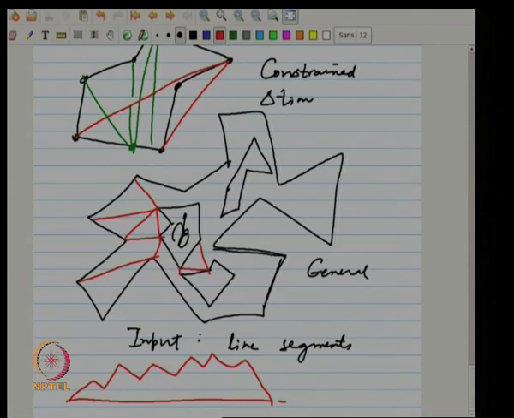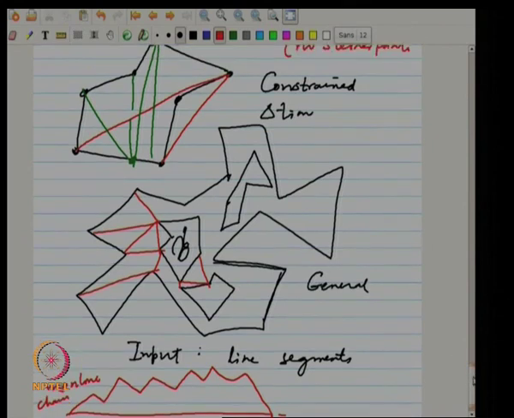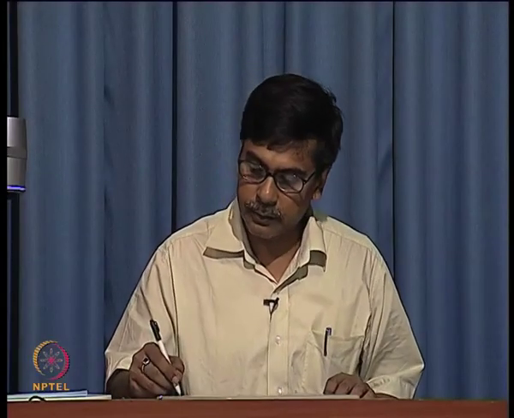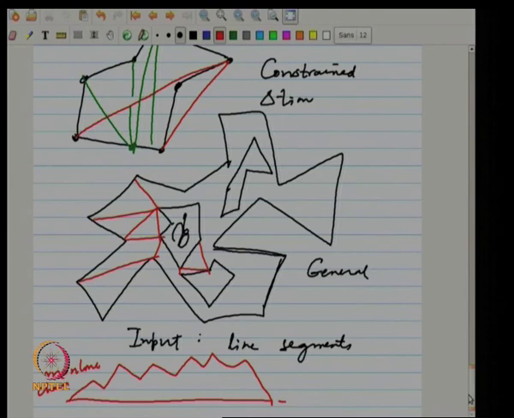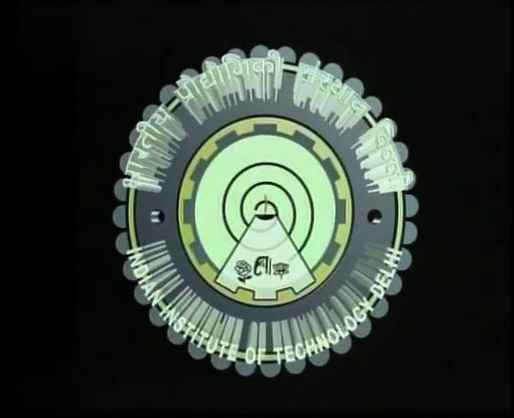There is only one base edge, and there is a monotone polygonal chain. Of course, simple polygons can be crooked and very curvaceous, and those you can't deal with easily, but this is a very nice structure. Can you deal with this situation very easily? Something for you to think about. Okay, stop here.